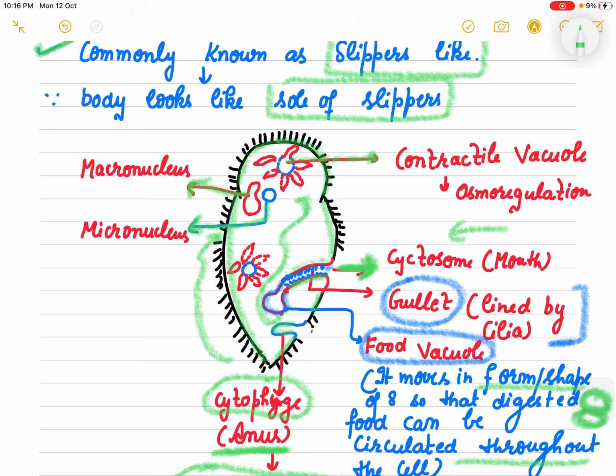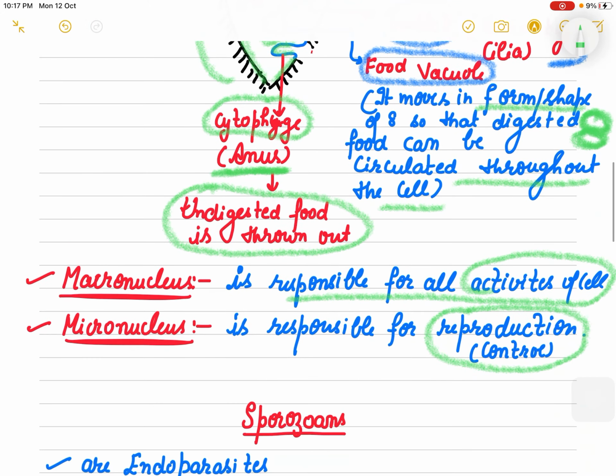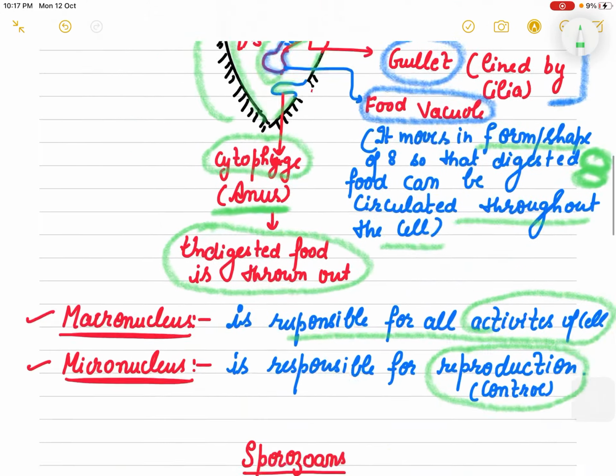One is here and one I have drawn here. These help in osmoregulation. When there is a change in the concentration in the water, that is maintained by the contractile vacuole, right? So this is all about paramecium which we need to know.